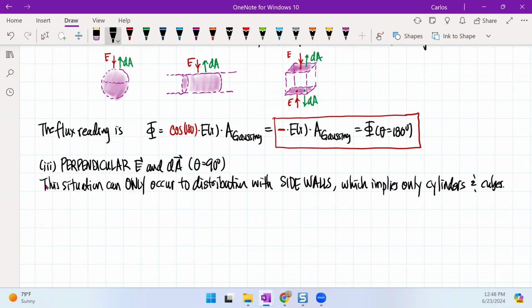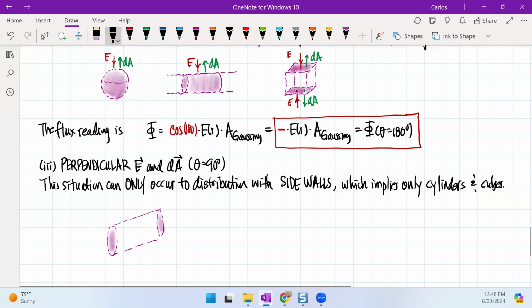So now here's what we're looking at. So let's look at a cylinder. So if I look at a cylinder, what am I seeing here? Well, I have a cylinder that's looking like this. So if I'm enclosing this charge here, I'm really now only looking at the end caps.